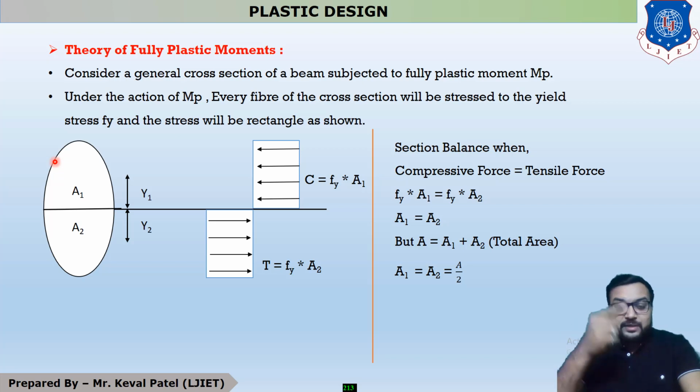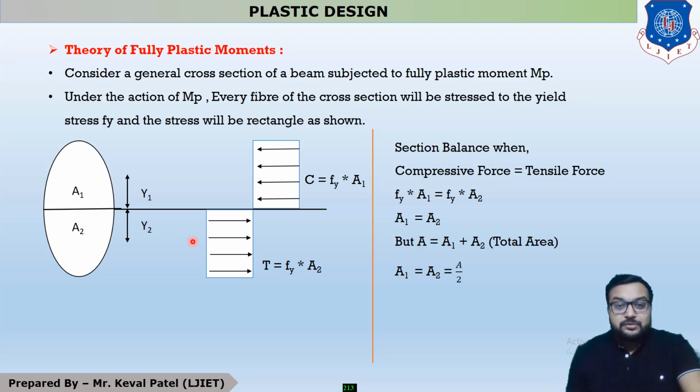Now, what is the total area of this parabolic portion? You assume that the total area is A. So this is your upper portion, and A1 plus A2 is equal to the total area.